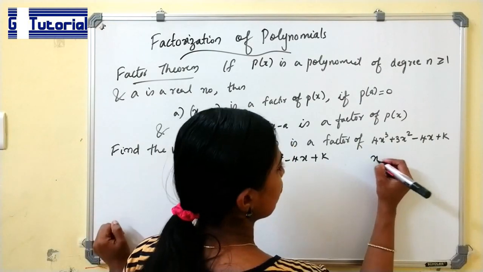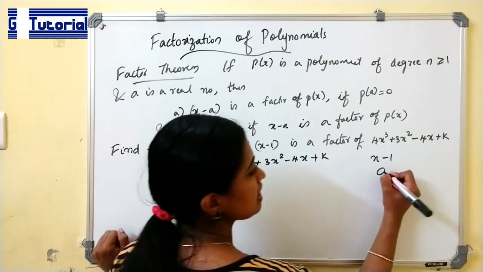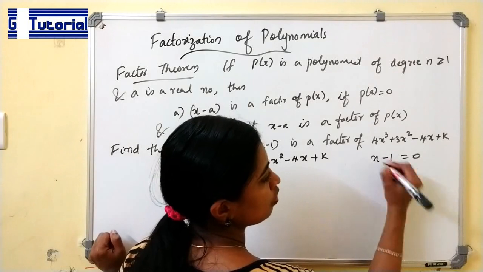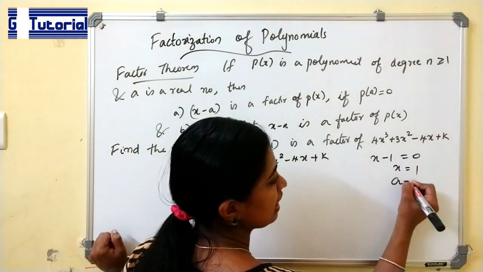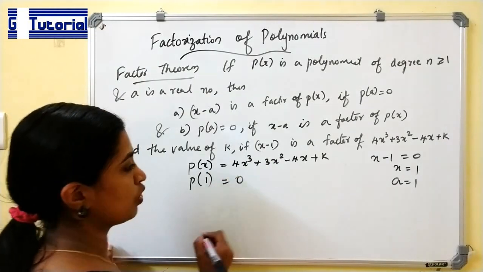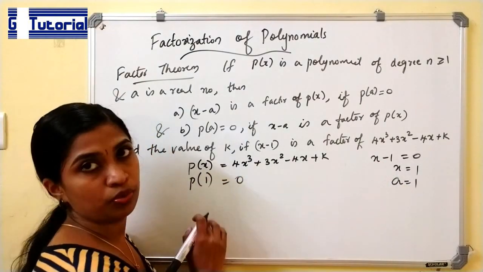So, here a is equal to 1. So, p of 1 should be equal to 0. Only then x minus 1 can be a factor of this polynomial.